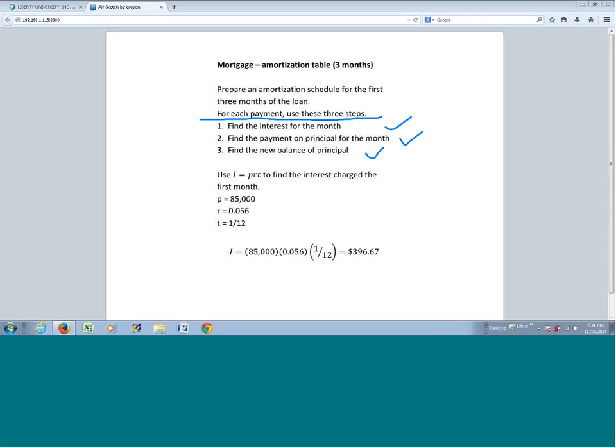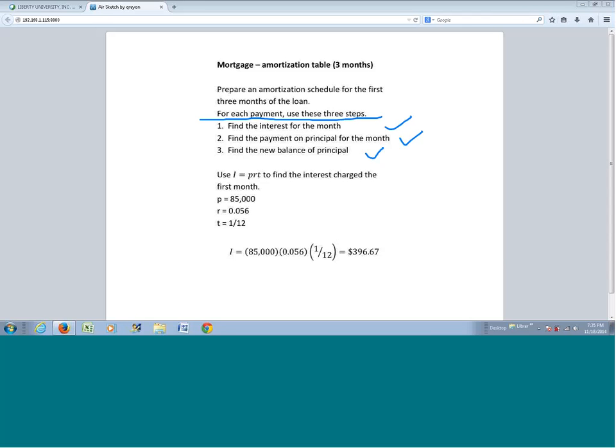We're finding the interest being charged first, because the bank always gets paid first, and your principal gets paid second. So when you make a monthly payment, the bank gets their cut first, which is whatever interest was charged that month. Then whatever's left over from that payment goes to the balance of the loan, and then you can see what the new balance is.